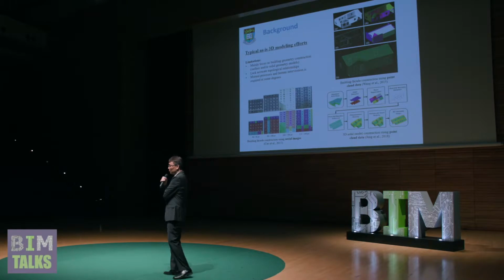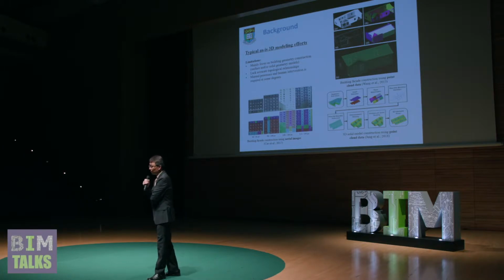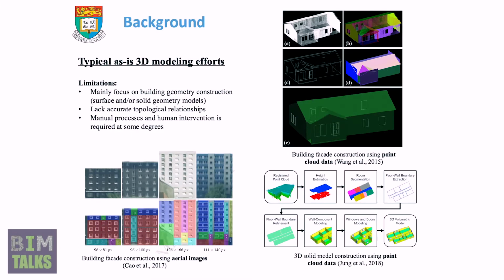These are some of the common ones. The most common one has been collecting point clouds using a laser scanner, and then creating surface models or solid models, as you can see here.